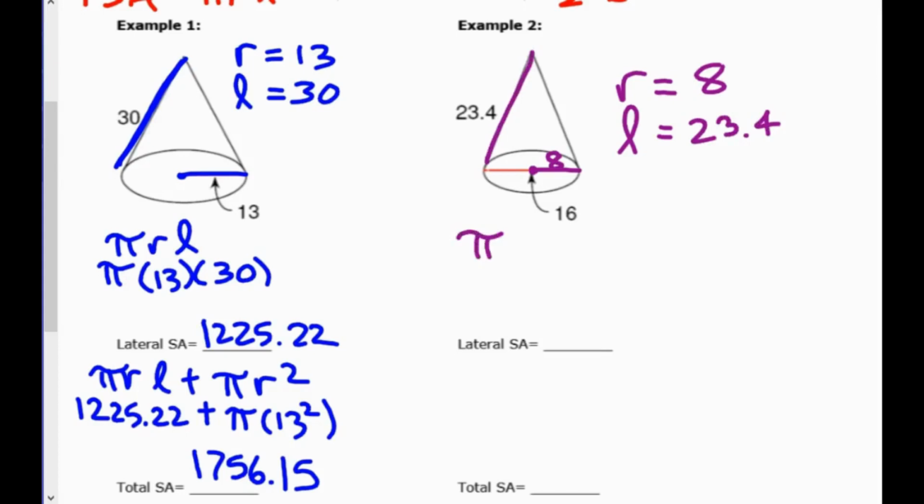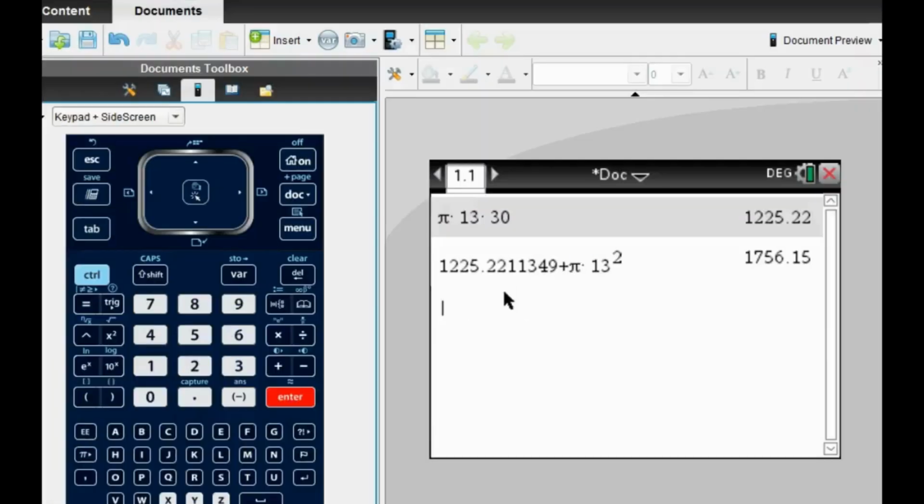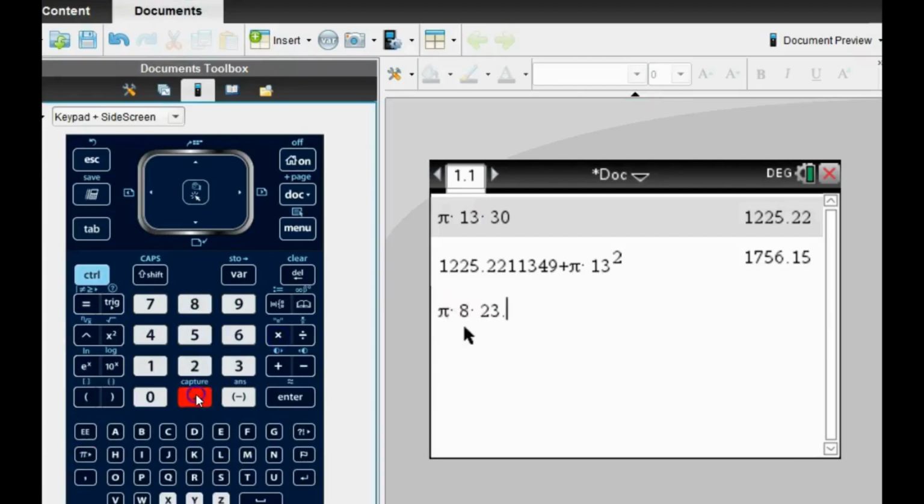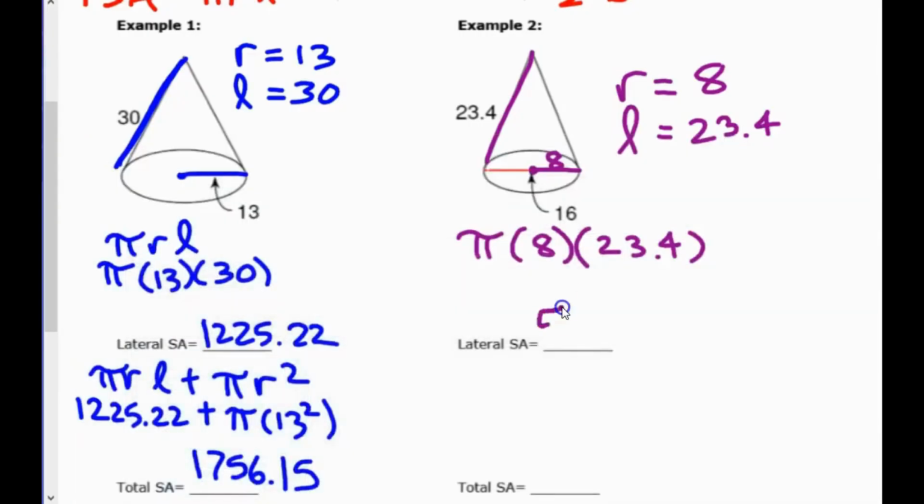Pi times 8 times 23.4. Type it in, get your answer. We're going to round to 2 decimal places. So 588.11 units squared.